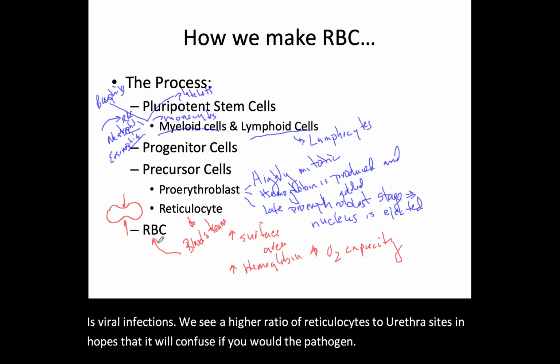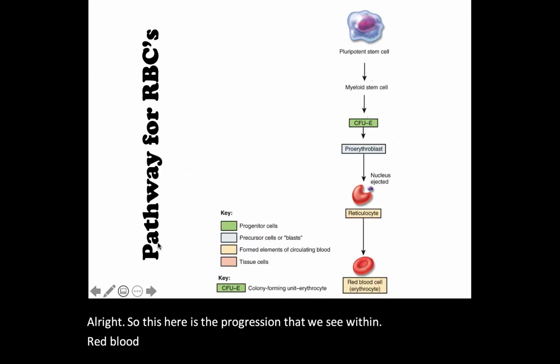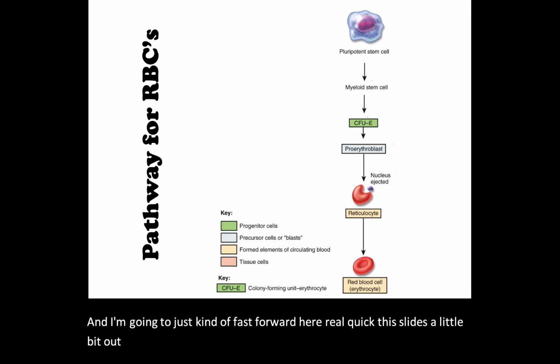All right. And so this here is the progression that we see within red blood cells. I'm going to just fast forward here real quick. This slide's a little bit out of order, if you would, but here's that pathway.